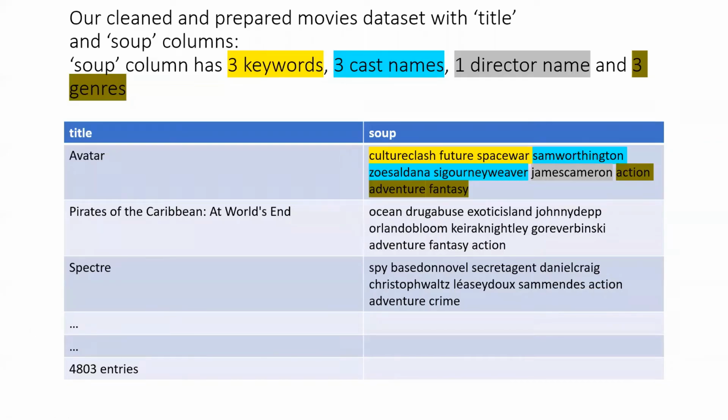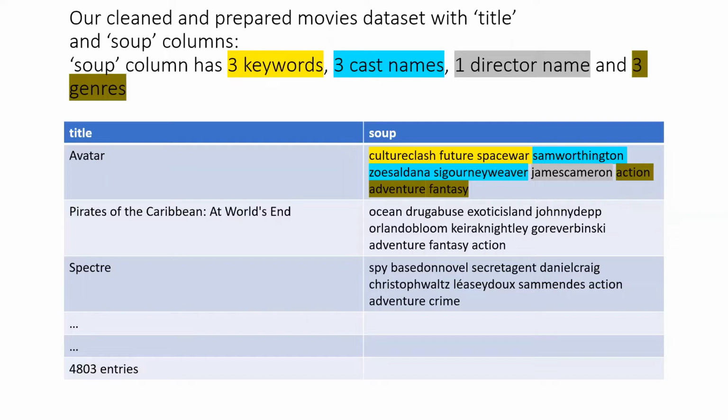So here we have a data set that's input, and then we clean that data set with the information that we need, with title and soup columns. The soup column is called this because it takes a combination of multiple forms of data, including keywords about the movie title, cast names within the movie title, the director's name, as well as the genres it falls under.